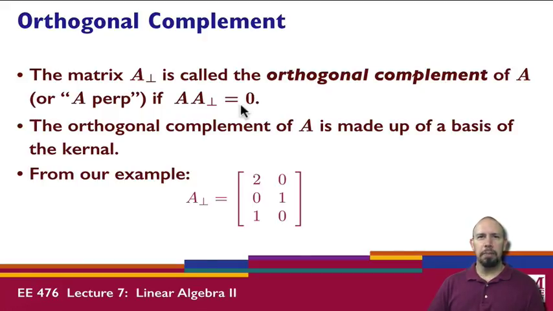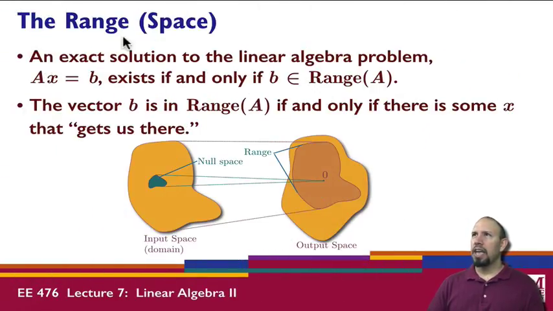That's fairly simple to compute, fairly simple to work with. The one that's a little bit more complicated to think about and work with is the range, or sometimes the range space. An exact solution to the linear algebra problem exists if and only if B is in the range of A. That is, if I map the entire space through my function, I get into the range.